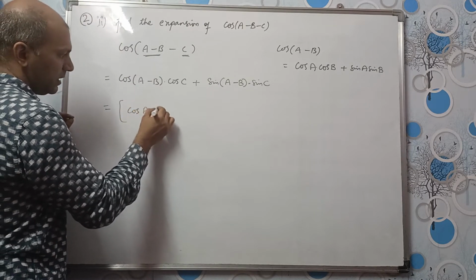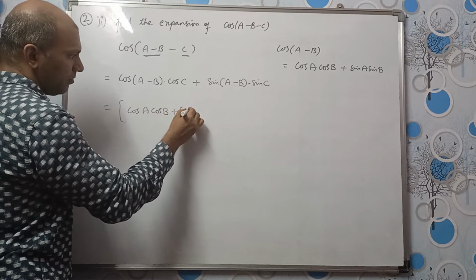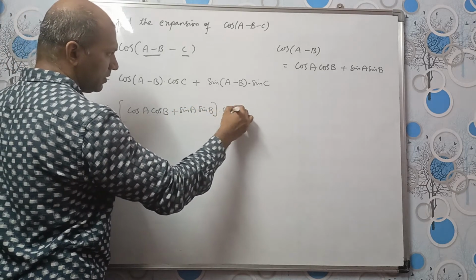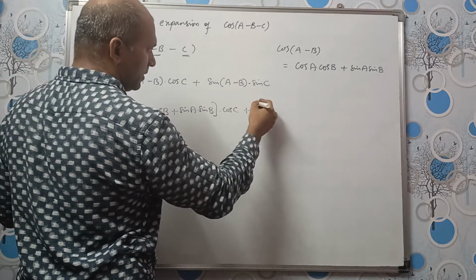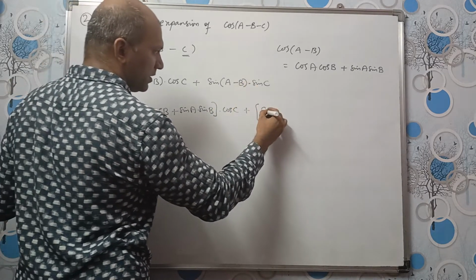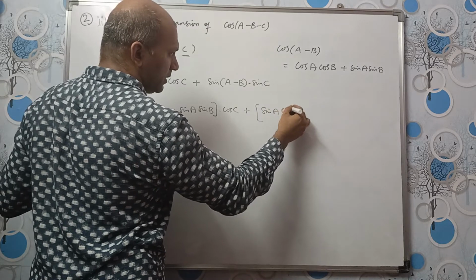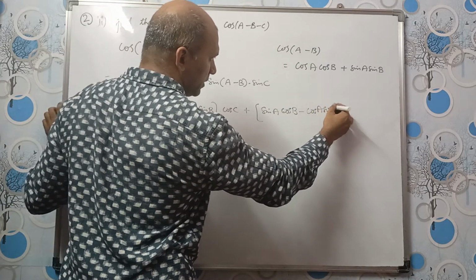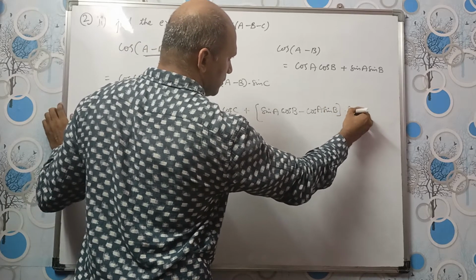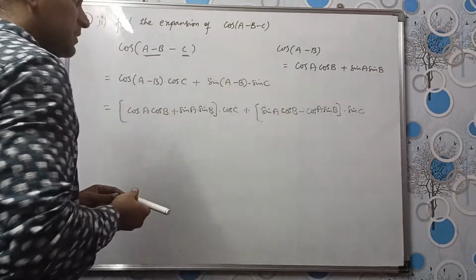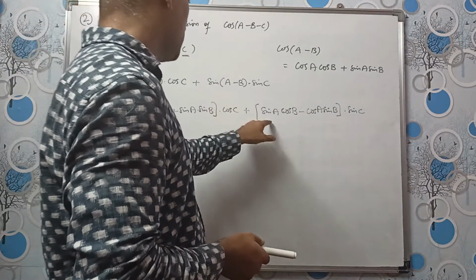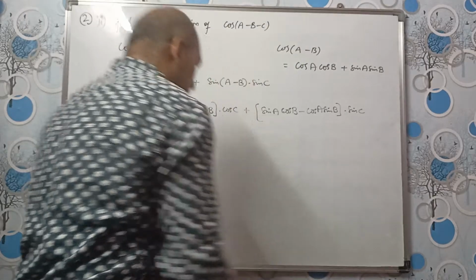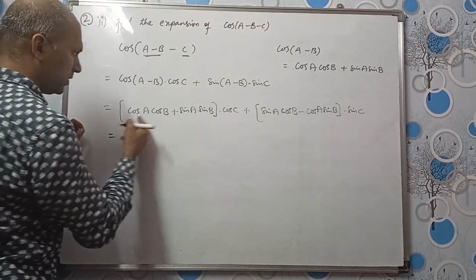This is cos a cos b plus sine a sine b multiplied by cos c, plus the expansion of sine a minus b, sine a cos b minus cos a sine b, multiplied by sine c.